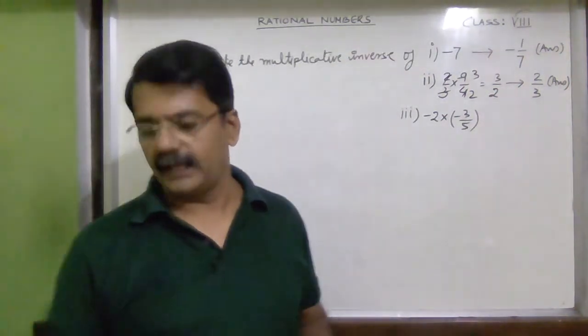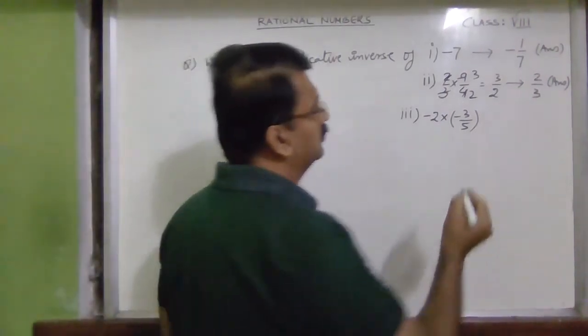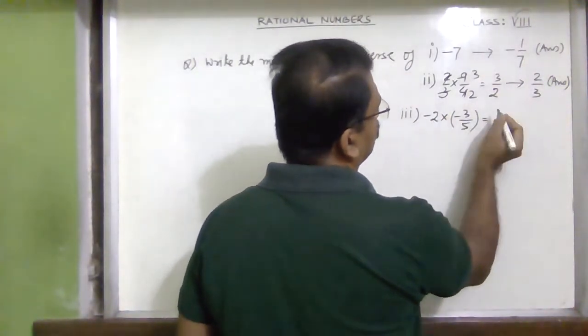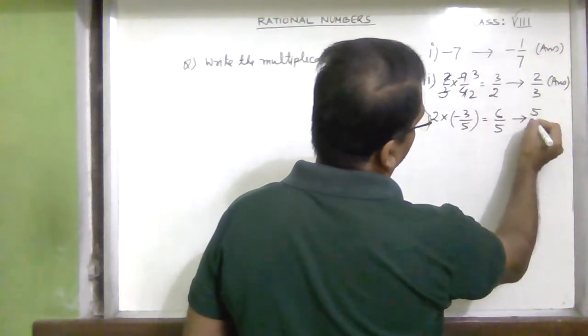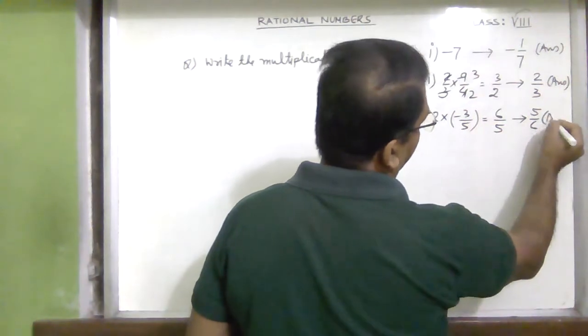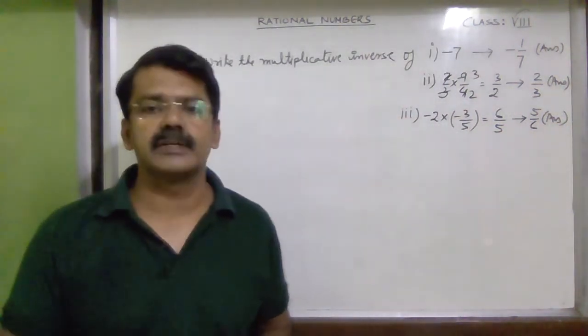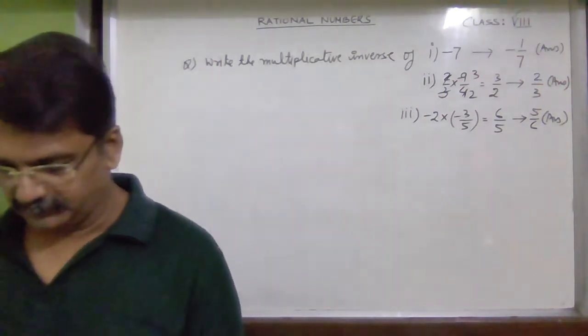Next, minus 2 into minus 3 by 5. You have to write the multiplicative inverse. First, when you simplify, minus into minus is plus, 2 into 3 is 6. So 6 by 5, and the multiplicative inverse of 6 by 5 will be 5 by 6. Simply the reciprocal. So that is your answer. That is the multiplicative inverse of minus 2 into minus 3 by 5.